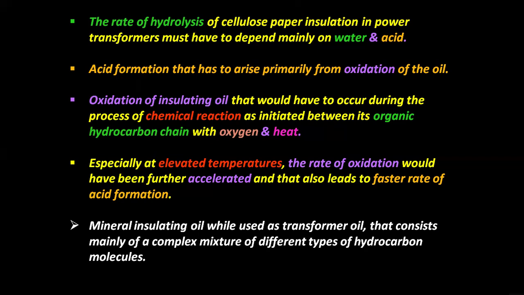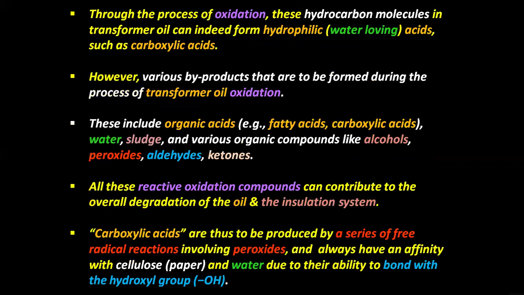Mineral insulating oil, while used as transformer oil, consists mainly of a complex mixture of different types of hydrocarbon molecules. Through the process of oxidation, these hydrocarbon molecules in transformer oil can indeed form hydrophilic, that is, water loving acids such as carboxylic acids.